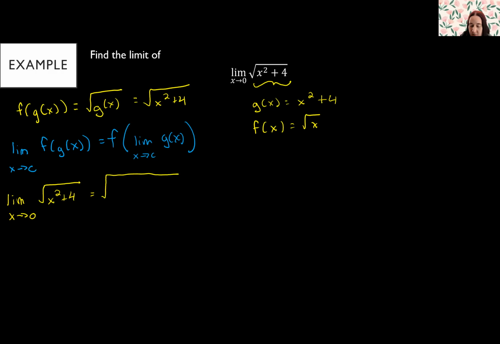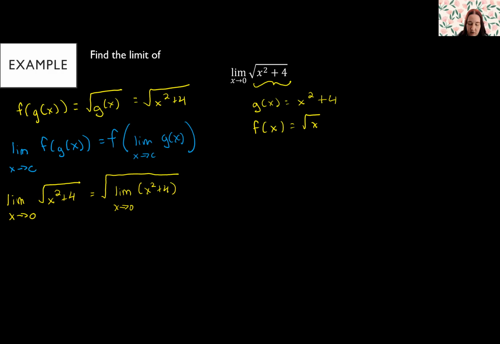So we're basically putting the square root part on the outside, and then inside we're going to find the limit as x goes to 0 of x squared plus 4. So you can take that outside limit and plug it into the inside of the function in order to evaluate it, versus the limit of the whole thing.